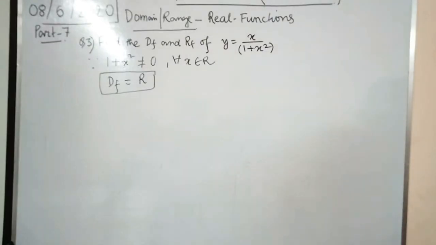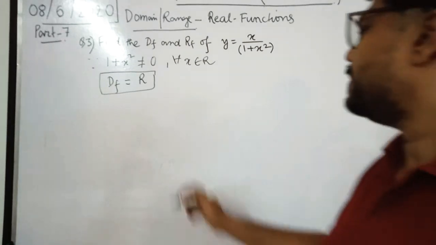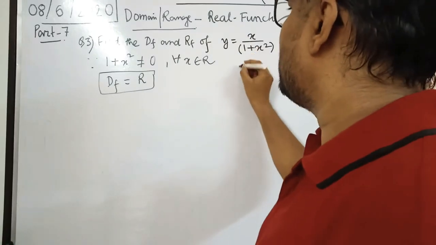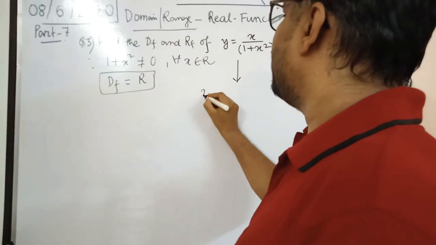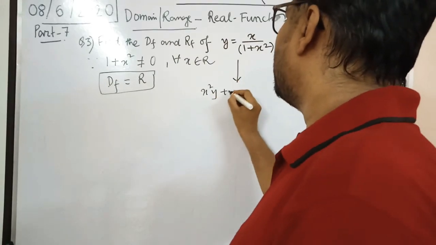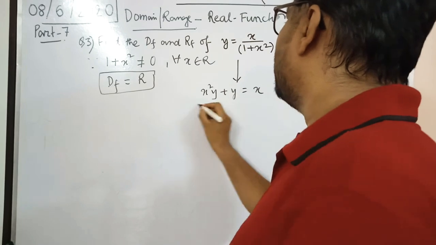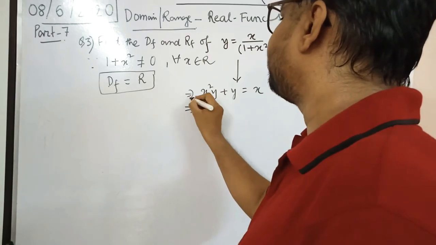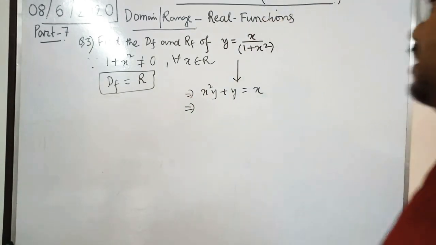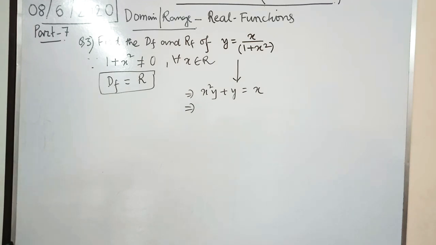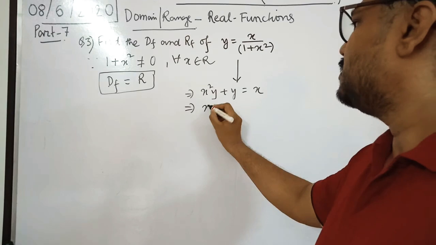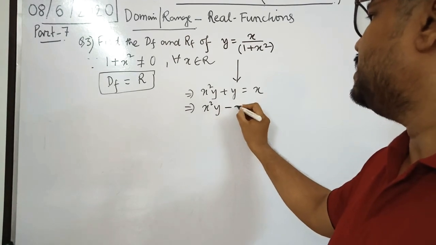Now for the range part, what we need to do, we again cross multiply this. So here we cross multiply, if you see, we write x square y plus y equals x. Hence we can write something like, if you bring everything to one side, you will get x square y minus x plus y.